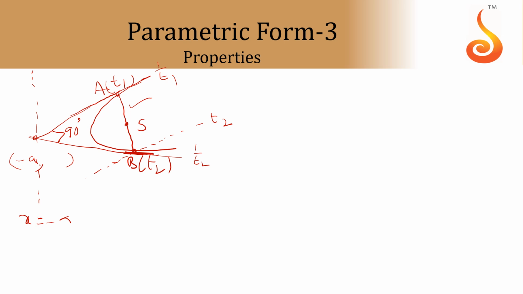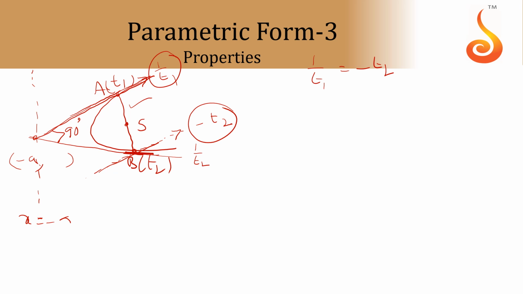But you know that 1 by t1 is equal to minus t2 because t1 t2 equals minus 1. This means the normal at one extremity of the focal chord and the tangent at the other extremity of the focal chord are parallel to each other. So this also we can prove very easily.